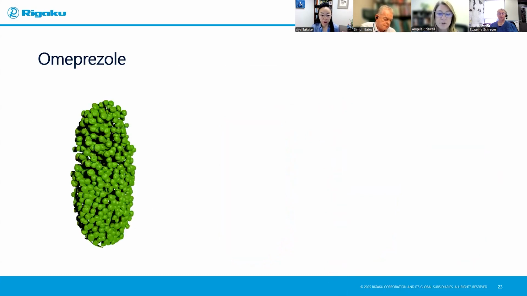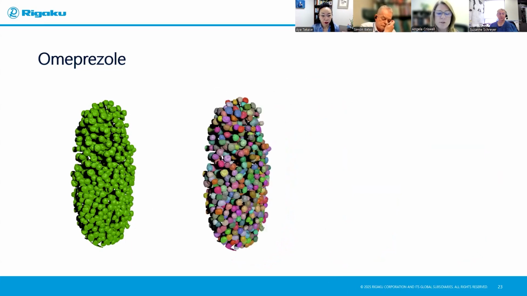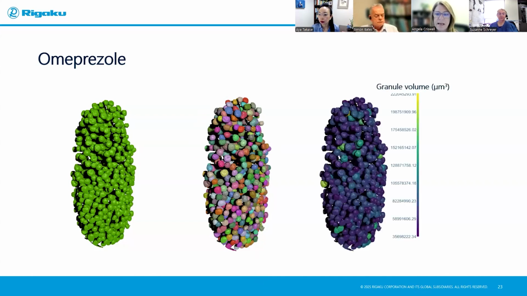We can also ask questions, for example, about the granules. What's their volume percentage? If we want to ask questions about distributions among the granules, we can separate each of them into independent granules and then ask what's the distribution of the volume and how do they vary, and we can, of course, color code those.